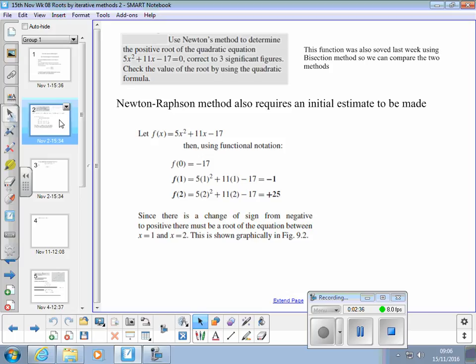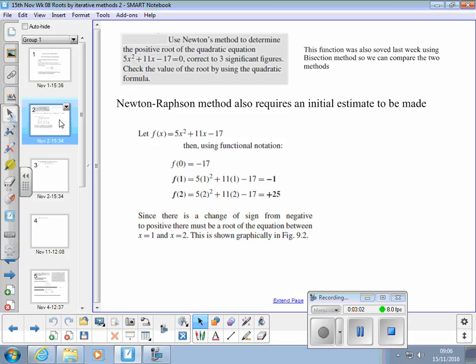I've copied something across because we still require an initial estimate. We could use the graphical method or look at the function for a change in sign. There's a change in sign from positive to negative between x equals 1 and 2.